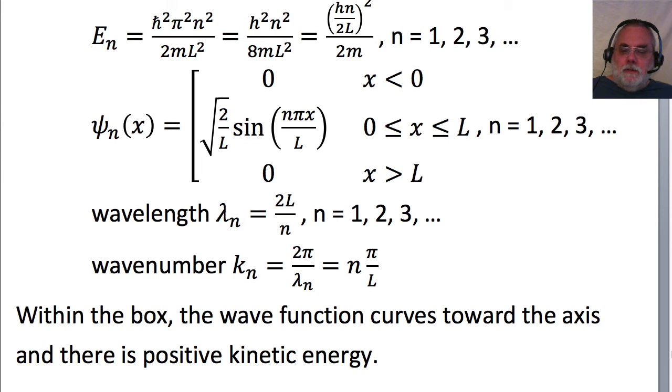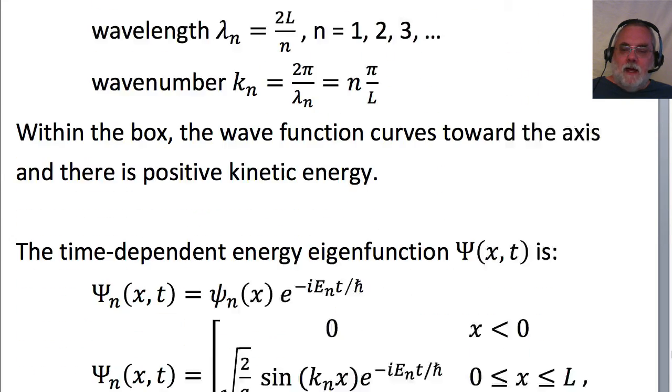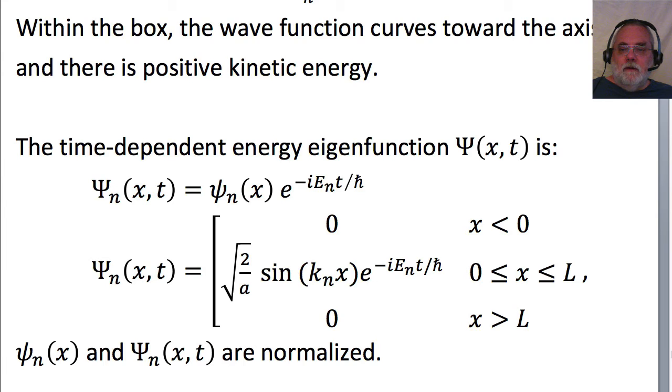Now we want to introduce the time-dependent energy eigenfunction, capital Psi of x and t, for a particle in a box in one dimension. Capital Psi is lowercase psi of x times e to the minus i E sub n t over h bar. This is for an energy eigenvalue, and it's an energy eigenfunction, so there's one energy value, E sub n. So capital Psi sub n is 0 outside the box.